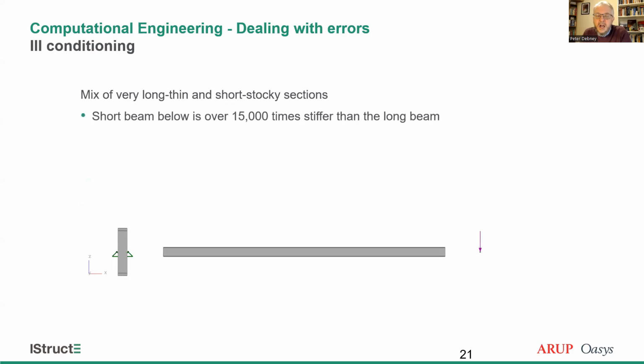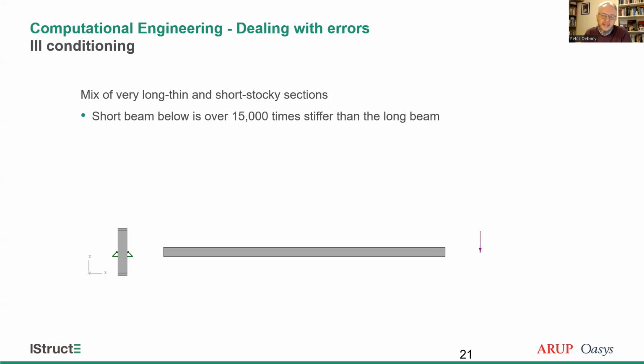Ill conditioning. You've got an answer, but the answer's not very good. One area of ill conditioning is if you've got a very wide range of stiffnesses. Some very unstiff elements and very high stiffness elements. These can throw off the mathematics of the analysis.